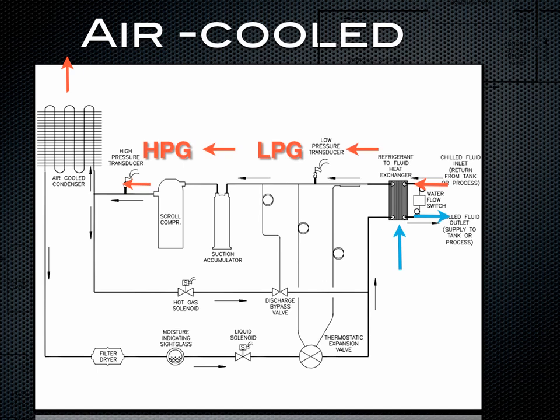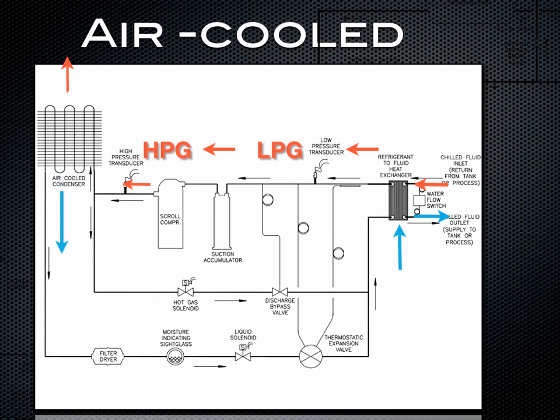The temperature of that high-pressure gas could be 180, 190, 200 degrees. It really just depends on the refrigerant that you use. So you have 190 degree hot gas and you have 95 degrees outside. So that heat will want to transfer out to the atmosphere and go towards that colder 95 degrees. And that's how the heat is removed from an air-cooled chiller.